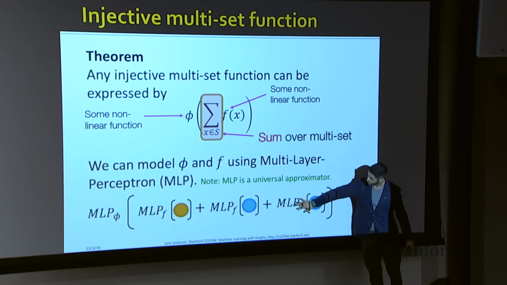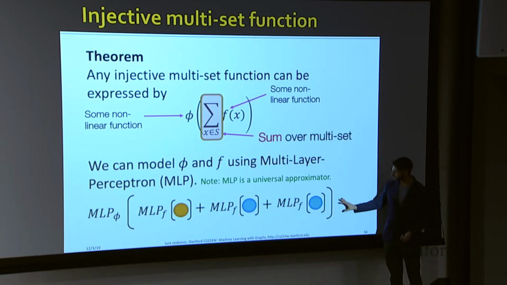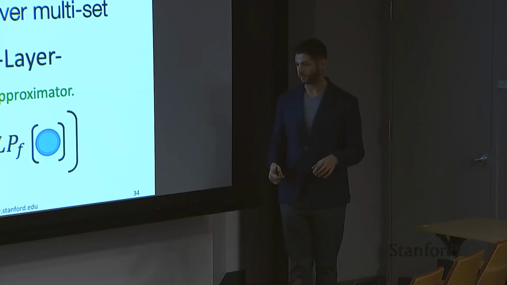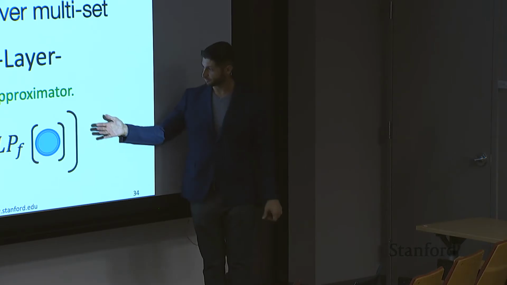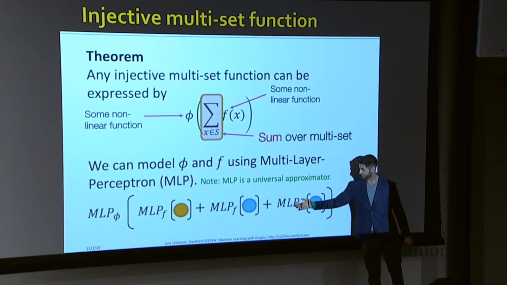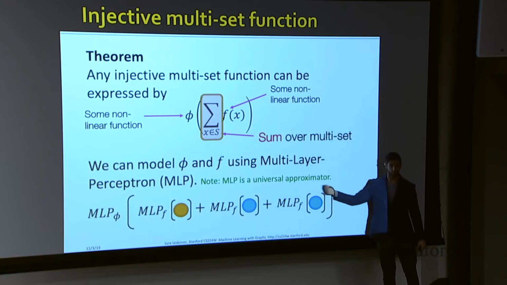So we can use a set of MLPs to come up with an injective function over a multiset, okay? This step is very important because we want to build a graph neural network, so we want to have neural networks to model our functions so that we can train them over our data. Therefore, we needed a way to find the right MLPs through our training process, rather than just hard coding a set of injective functions.